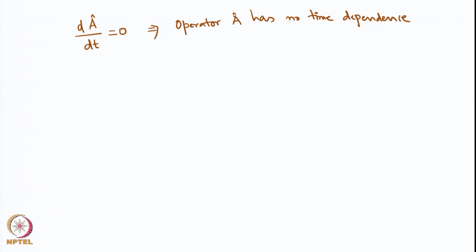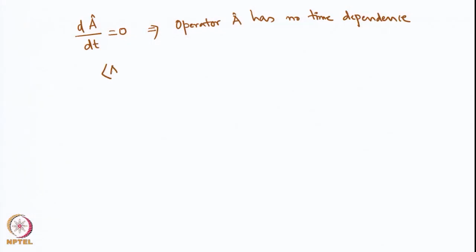Now, even though A may not have time dependence, what will happen to the expectation value of the operator A? Okay. So what I want to now evaluate is the expectation value of operator A, its time dependence.